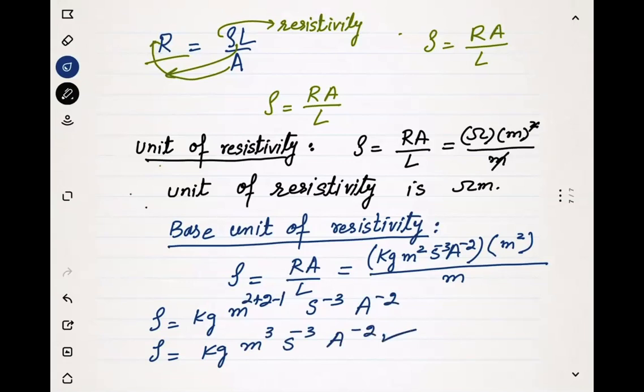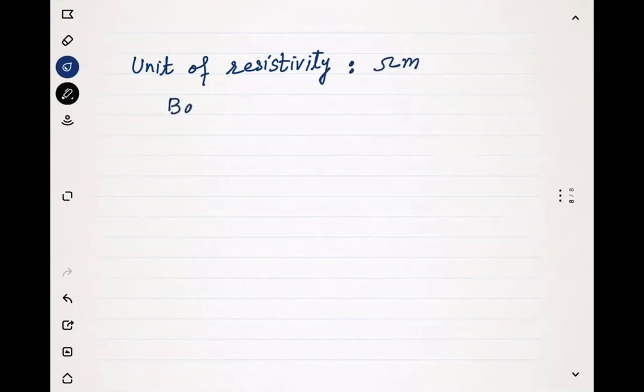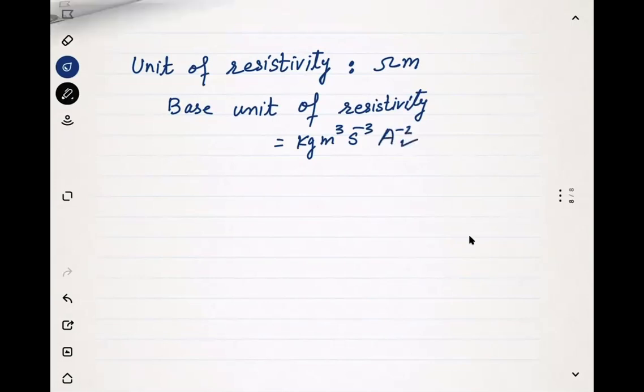So we can say that the unit of resistivity is ohm meter, and the base unit of resistivity is kilogram meter cube second minus 3 ampere minus 2. So this is for resistivity.